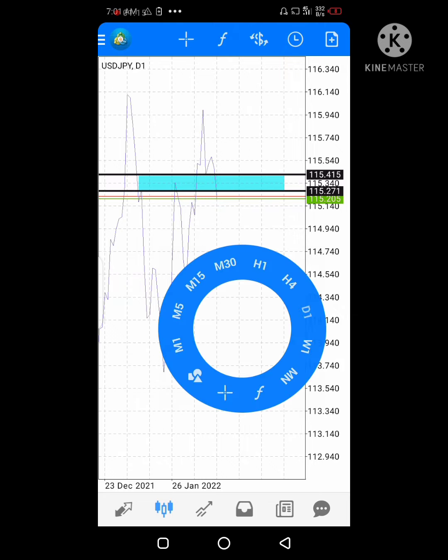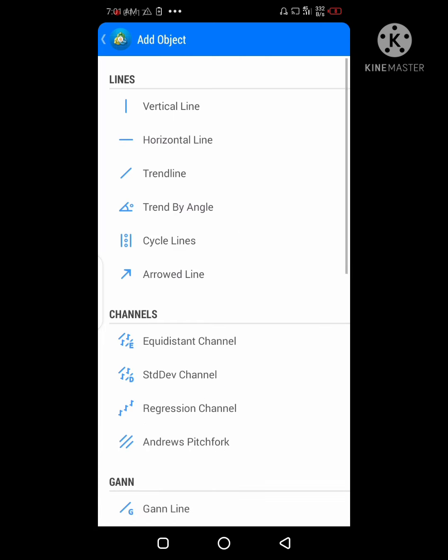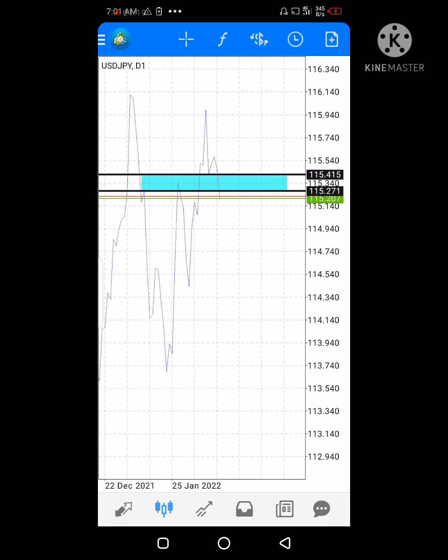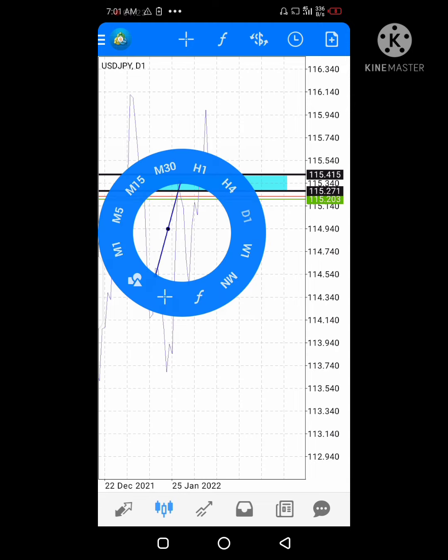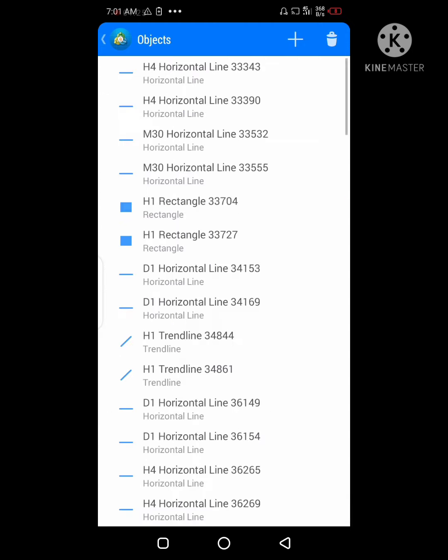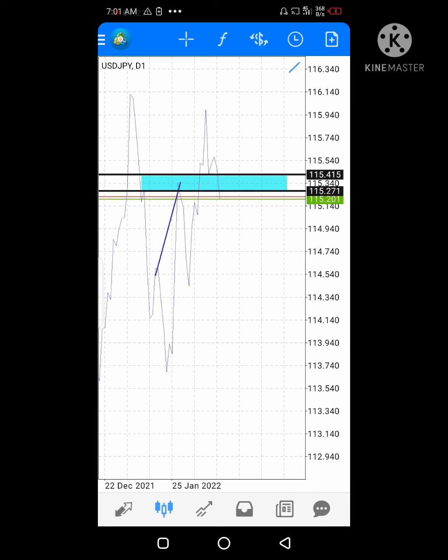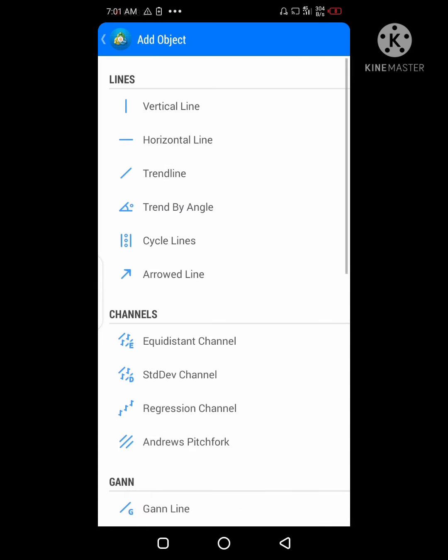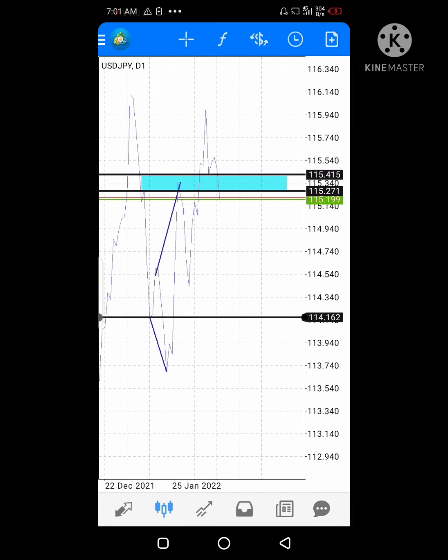Then remember, if you look at this chart, price went higher high and went lower low, meaning a head and shoulder is about to form between this region.